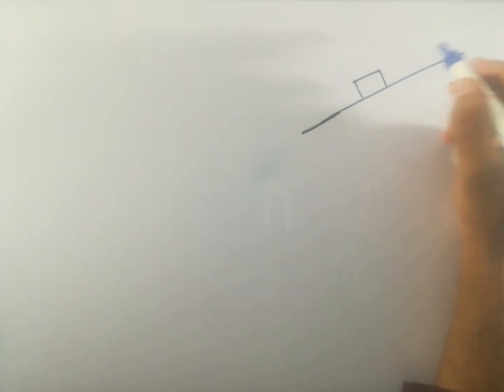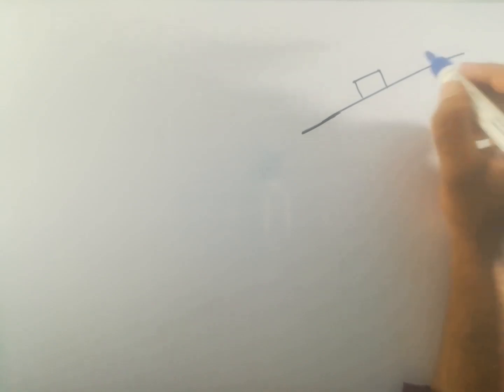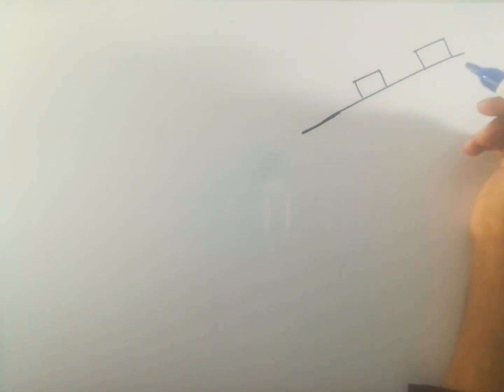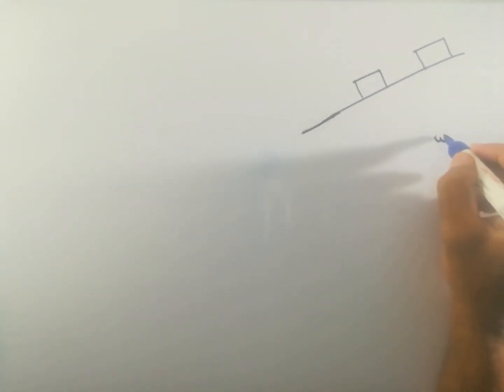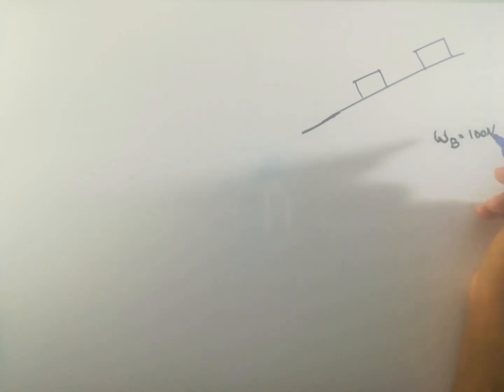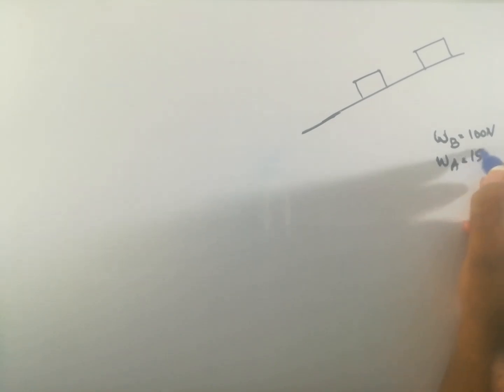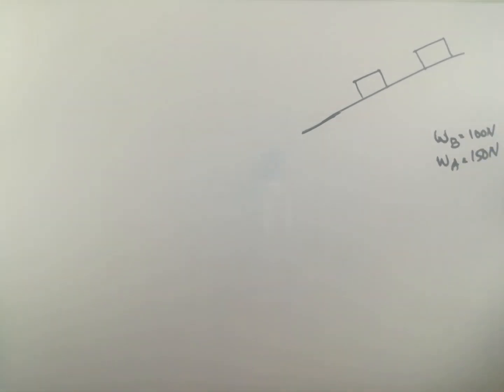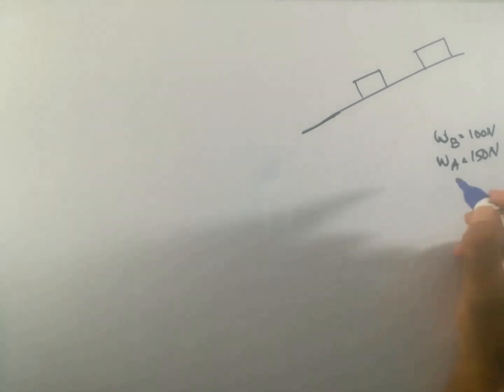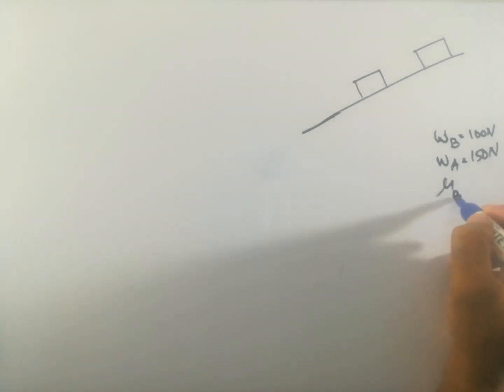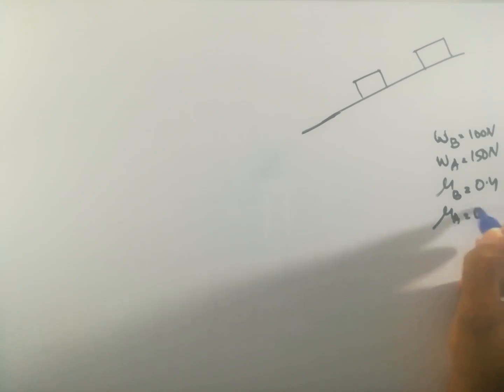Block A, block B. WB, the weight of block B, is equal to 100 Newton, WA equal to 150 Newton, and mu B equal to 0.4, mu A is equal to 0.2.